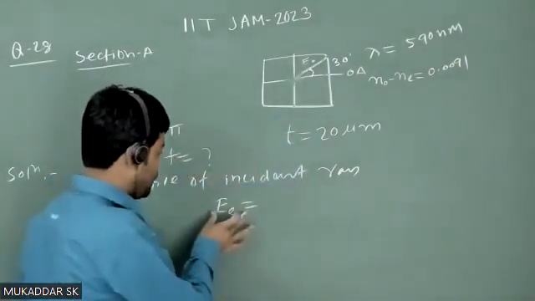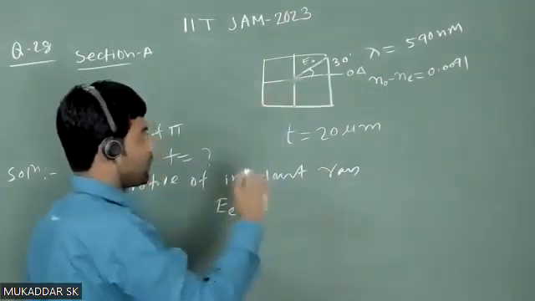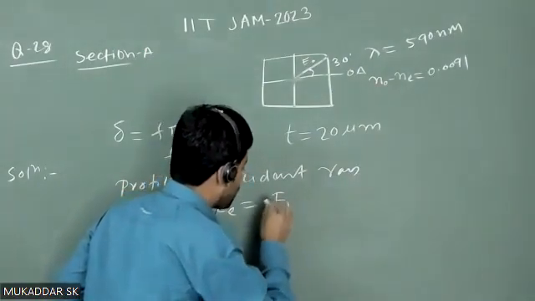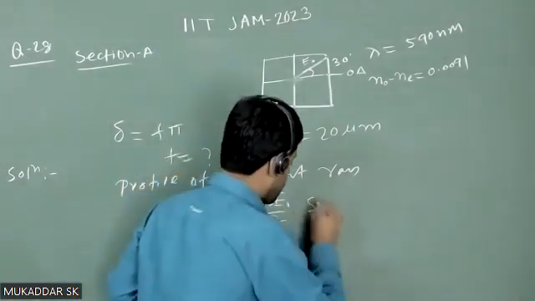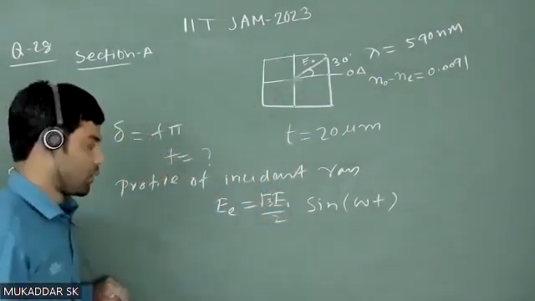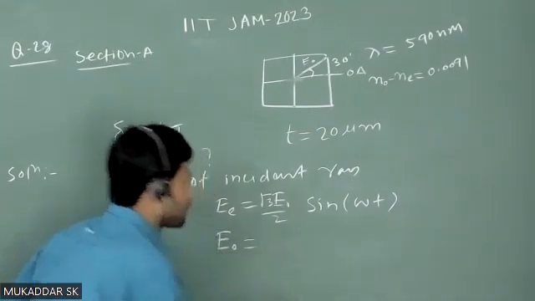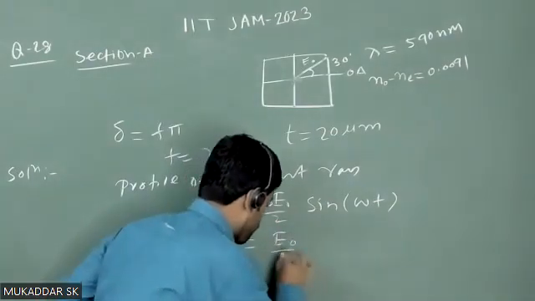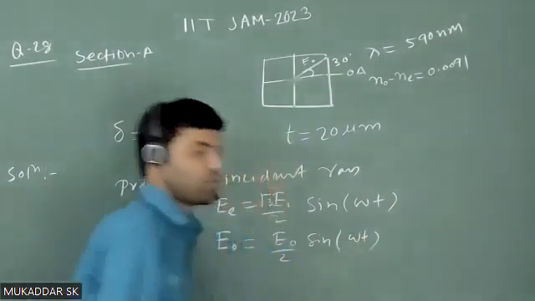So the profile of the E ray has amplitude E naught cosine 30, that is root 3 by 2 E naught, times sine of omega t. Similarly, the O ray is E naught sine 30, that is E naught by 2 sine of omega t. So initially there is no phase difference.